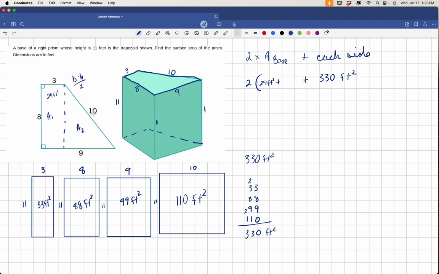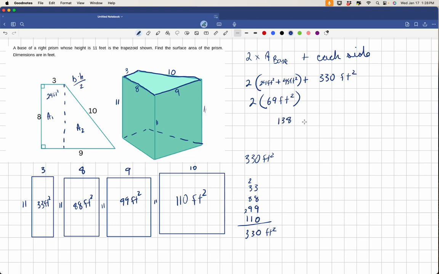So 9 times 10 is 90, divided by 2 is 45. So 45 feet squared. Okay, so we're going to add those two areas together. It's going to be 2 times 69 feet squared. 2 times 69 is going to be 8, carry the 1, it's going to be 12. It's going to be 138.